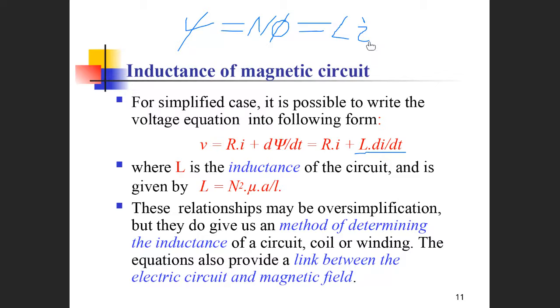That's the definition. So L is defined as the inductance of the coil, for a given simple coil.